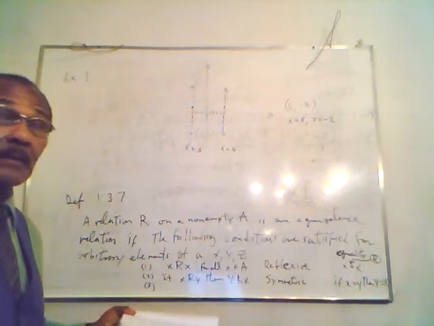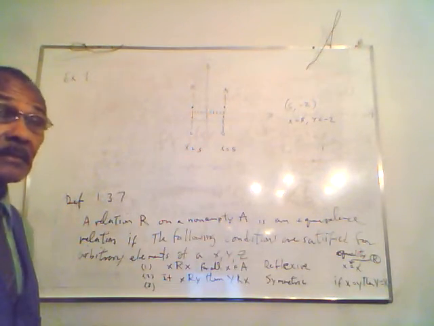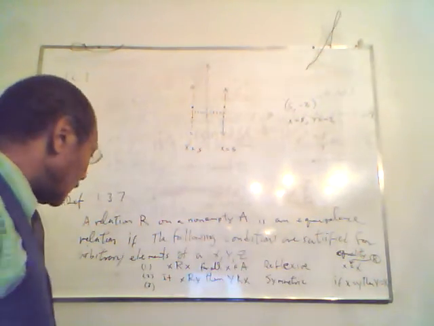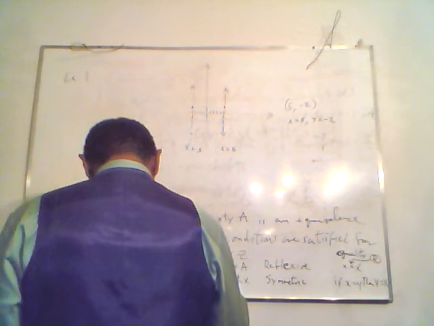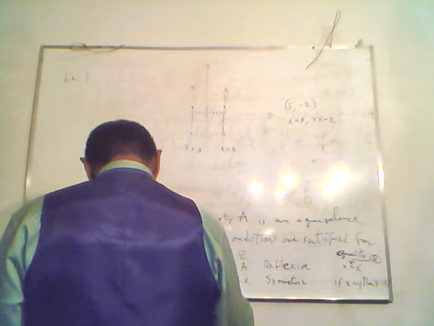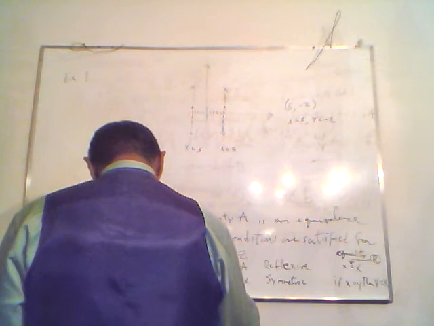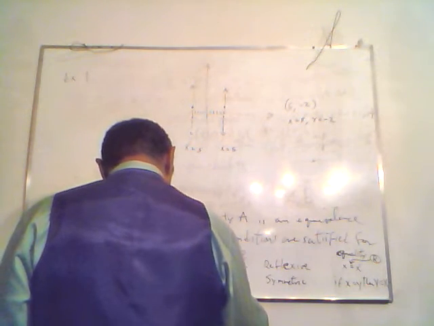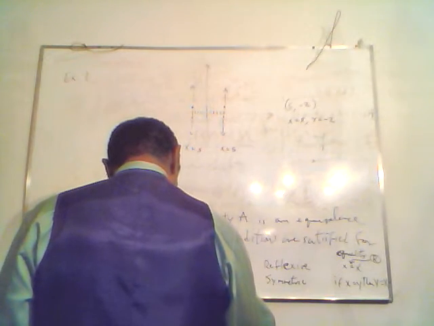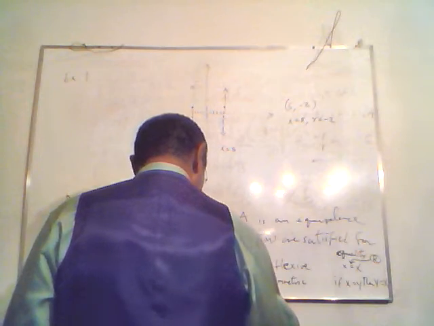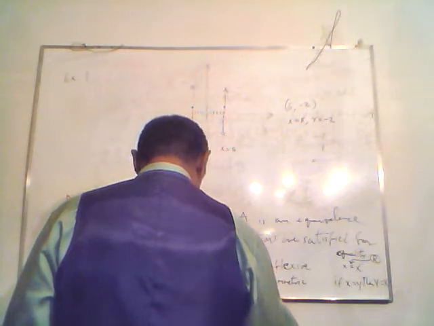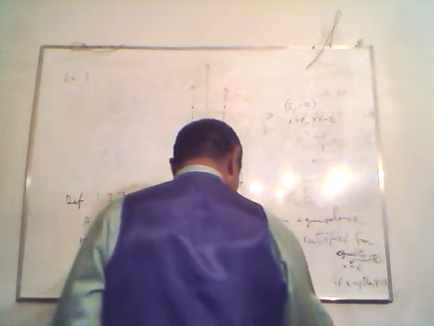You don't really know what the relation is, but you know that there is a relation. So for the next one, if x relation y and y relation z, then x relation z.